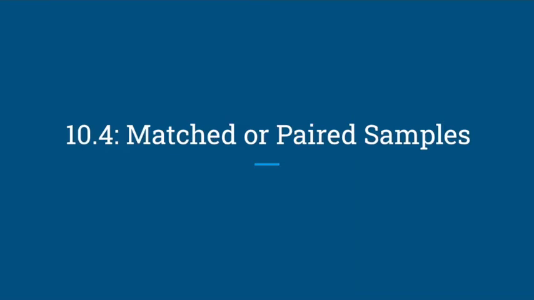In section 4, we are talking about matched or paired samples. So this is usually a test for means. Okay, matched and paired samples are usually a test for means. And in this situation, what we've got is data that is two samples that are directly tied to one another.